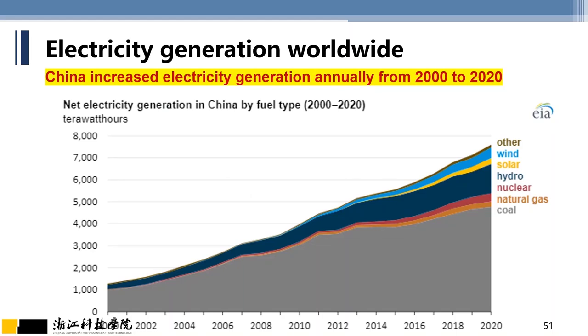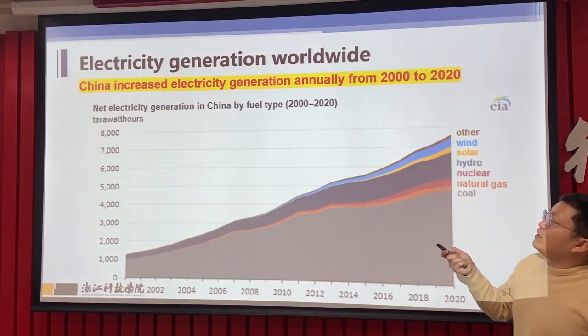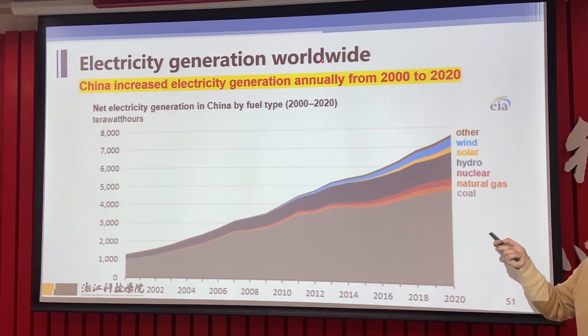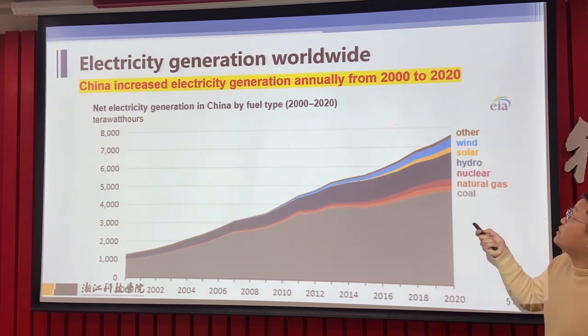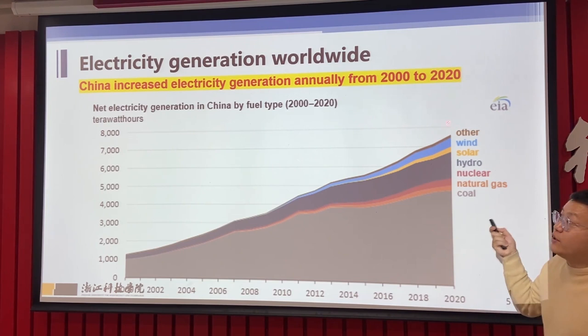And when it comes to some different countries, firstly, we will share something about China. China increased its electricity generation amount annually from 2000 to 2020.